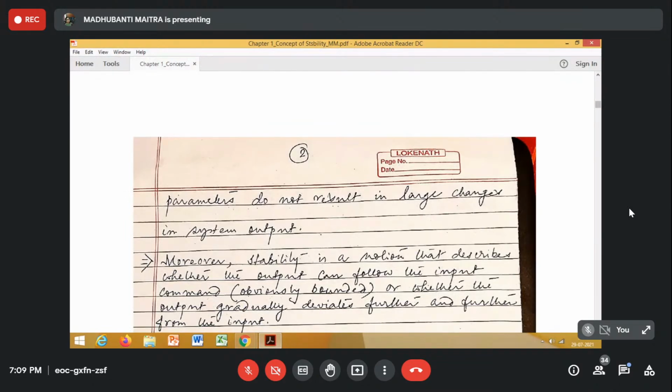So, what is the bottom line? The bottom line is the system should always be able to follow the input signal.